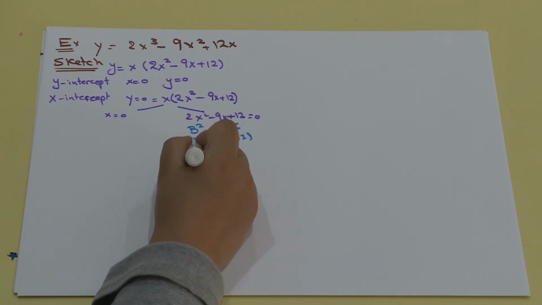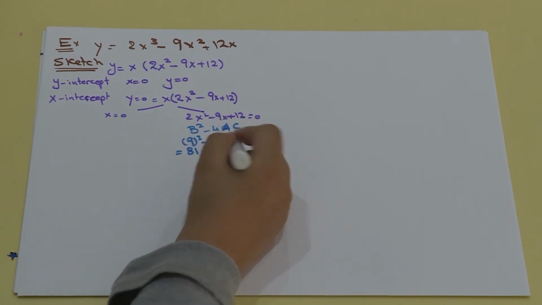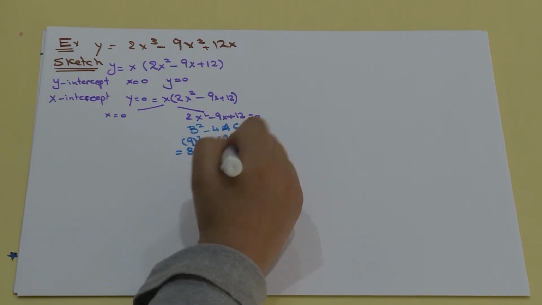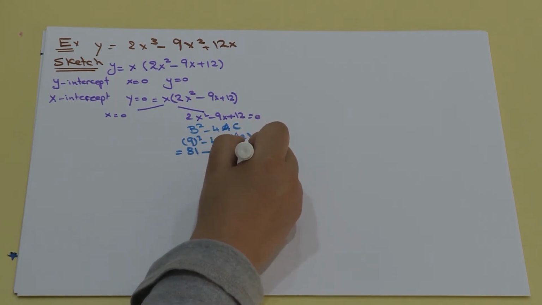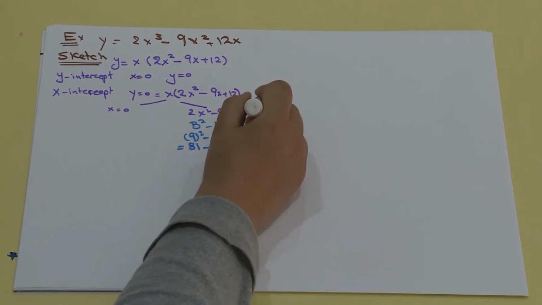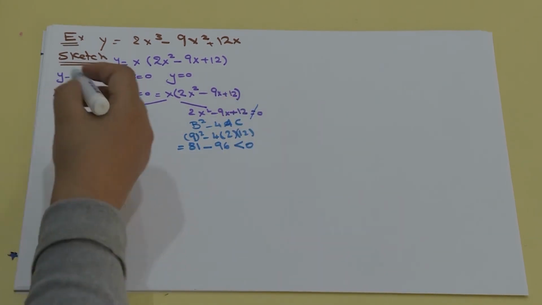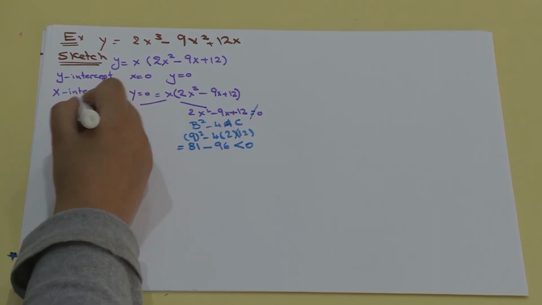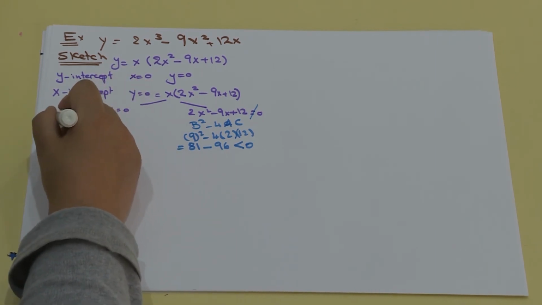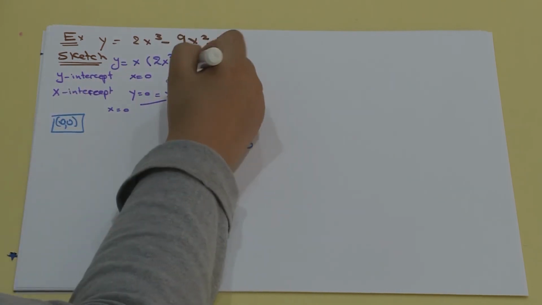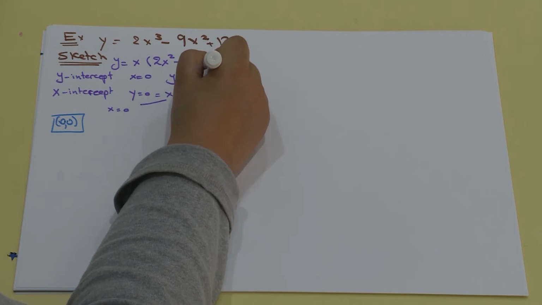So this is 81 minus 8 times 12, which is 96. This is less than 0, so this can never be equal to 0. So the x-intercept will be at y equals 0, x equals 0. So we have the x-intercept to be 0 and 0 only. So this is our x-intercept and y-intercept.